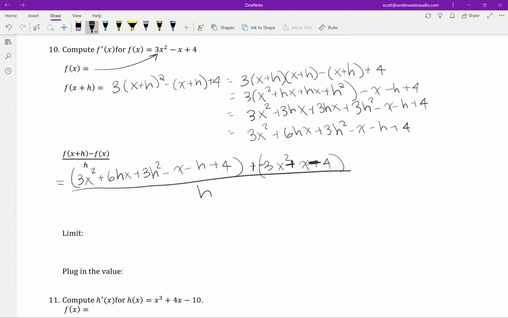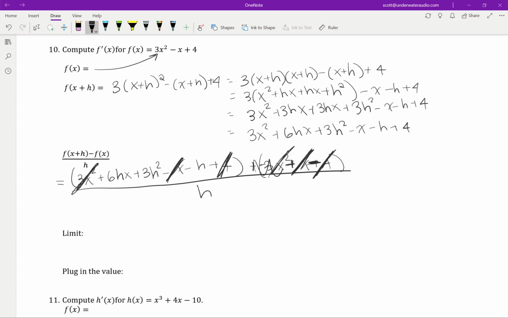Okay, now I can do the adding straight through. So 3x squared and a negative 3x squared, those cancel. 6hx, 3h squared, minus x. Okay, I have a minus x and a plus x, and then a plus 4 and a minus 4.